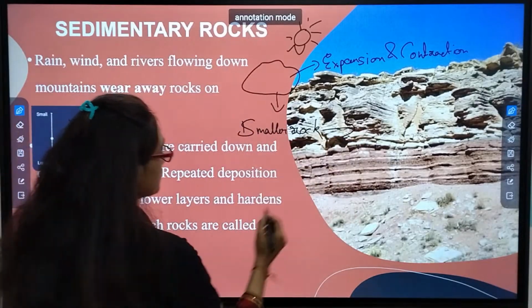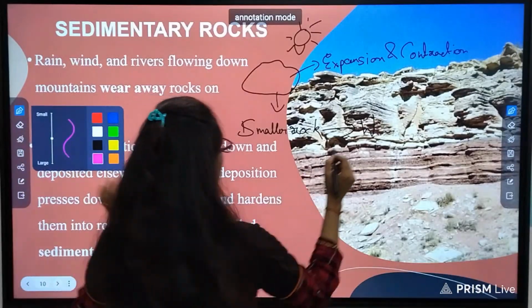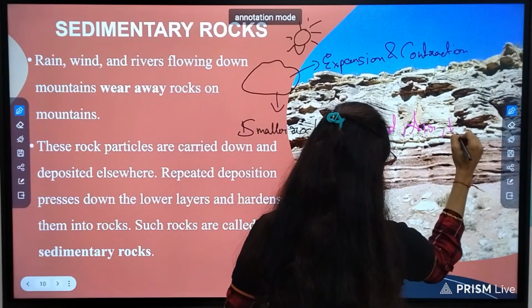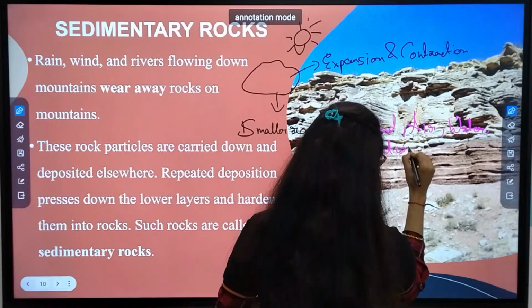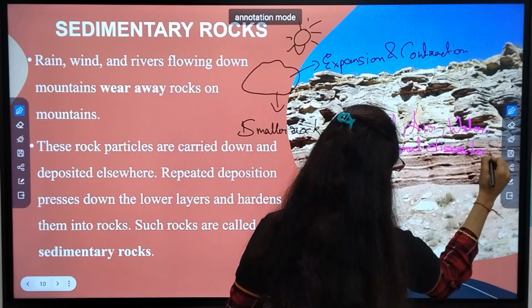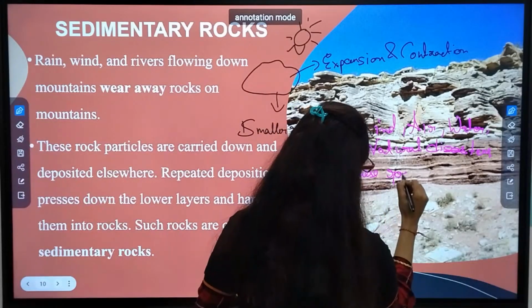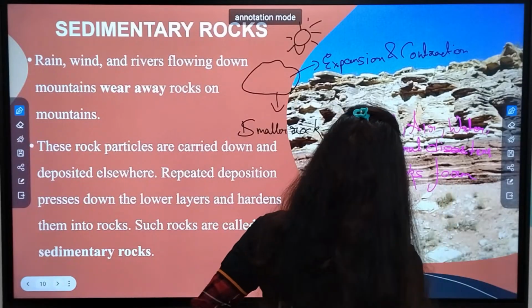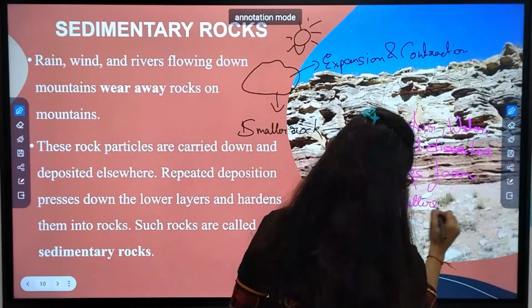Again by wind, air, water, natural disasters, these rocks form more smaller rocks.